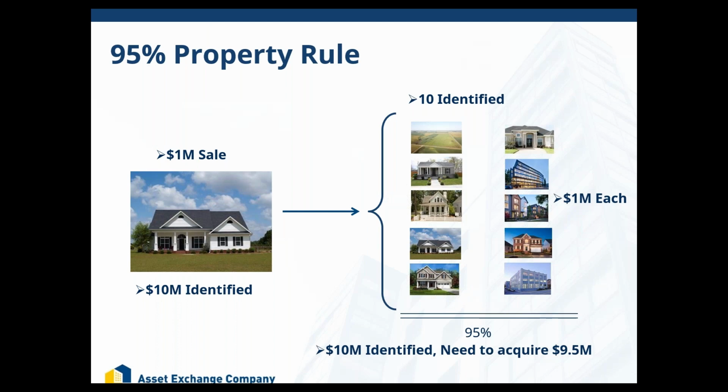Again, in practice, the way the 95% rule works, it's really going to be 100% of whatever you identify, you're going to have to buy. All right, the IRS wants to limit you in how many properties you can identify. You know, they don't want you going out there identifying everything under the sun, because you know what's going to happen if you identify everything under the sun?